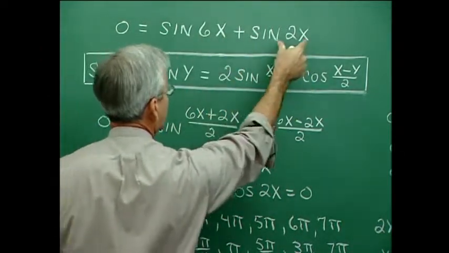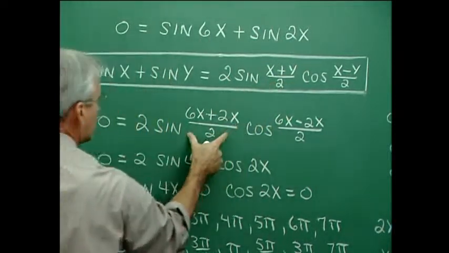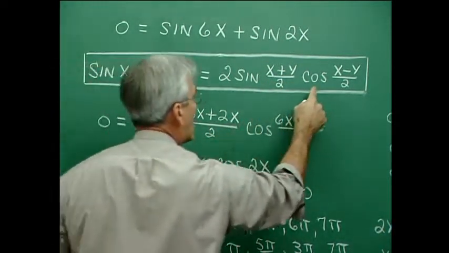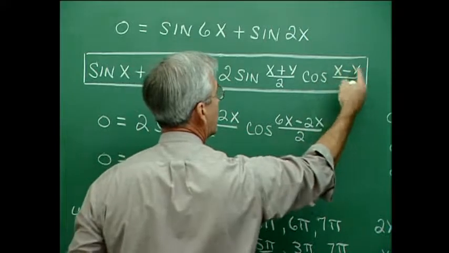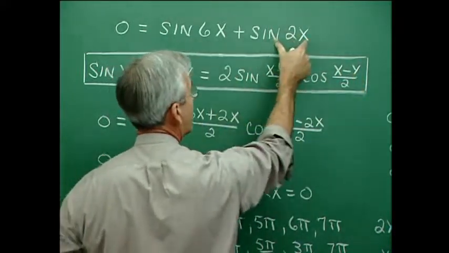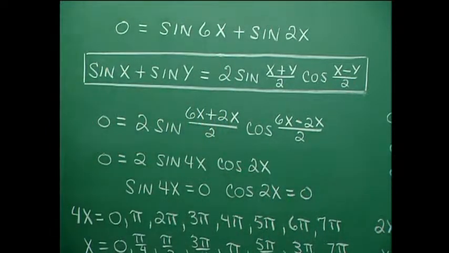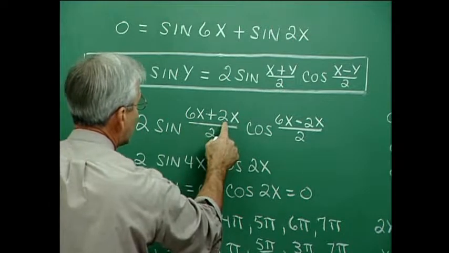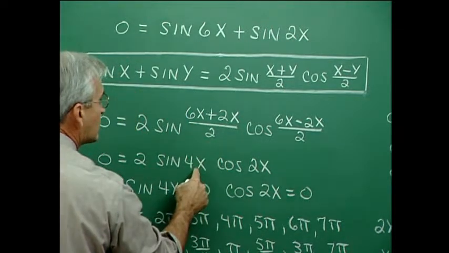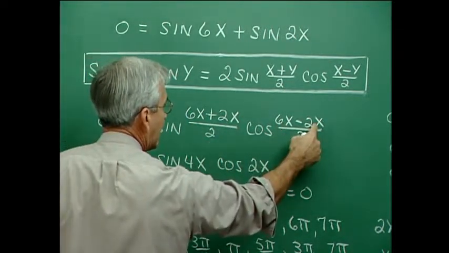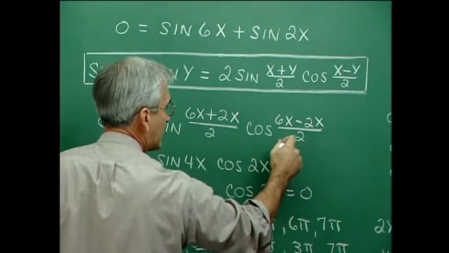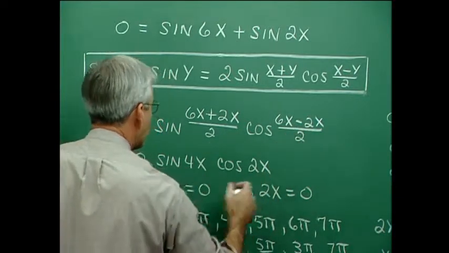Well, it's 6x plus 2x, you see, over 2. That's why I have this here. And then for cosine, it's cosine of the difference of the two angles. Well, that's 6x minus 2x, you see, over 2. And now it's just a matter of simplifying a bit. 6x and 2x, that's 8x over 2 is 4x. And now 6x minus 2x, that's 4x over 2 is 2x.